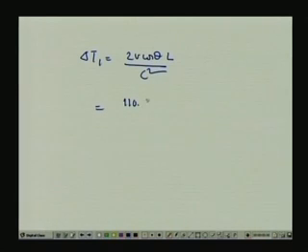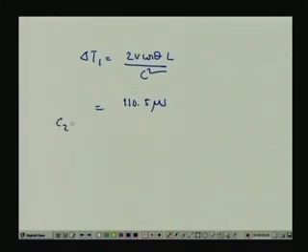If I plug in all the values, this will give you 110.5 microsecond.